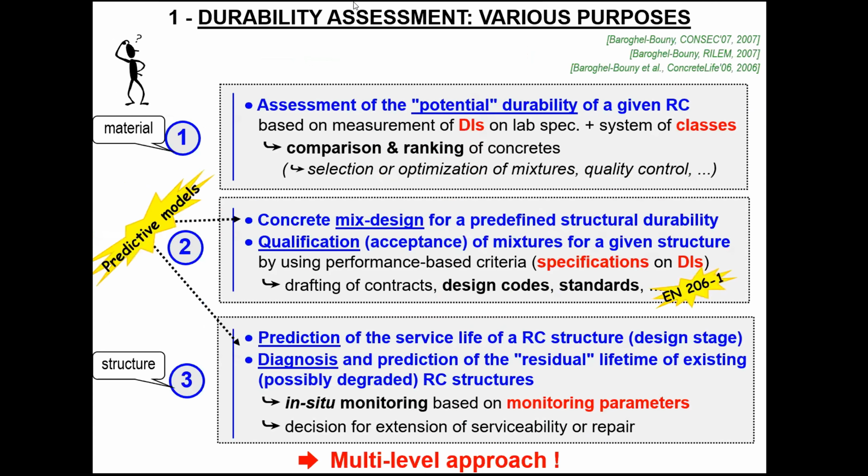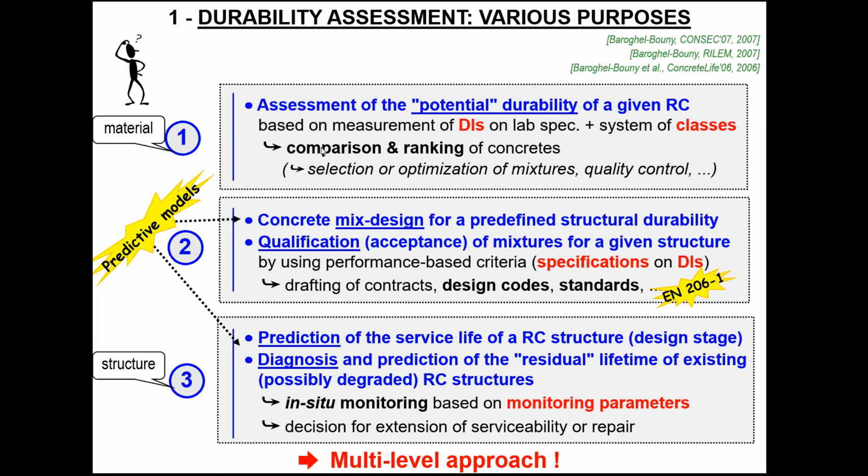So when you want to assess durability, you will have various purposes. First, from a pure material point of view, you can assess the potential durability of a given concrete, and this approach is based on measurement of durability indicators on lab specimens, and you will need a system of classes.